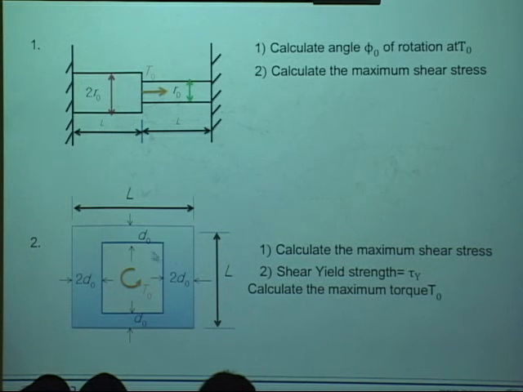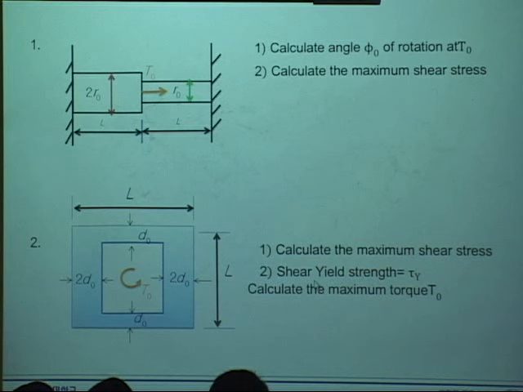Thin means that this D0 is much less than this L. This is the cross section. So this thin wall rectangular shaft with D0 and 2 times D0 is subject to a torque, and we need to calculate the maximum shear stress.